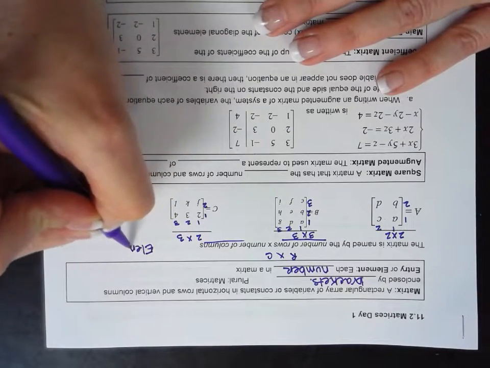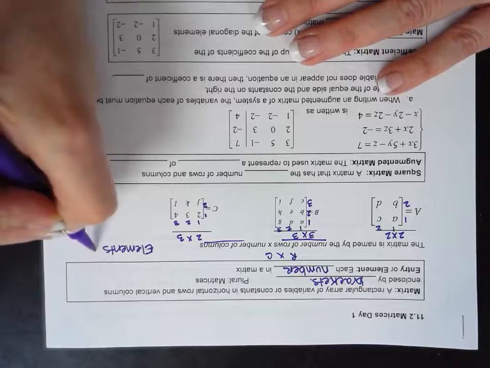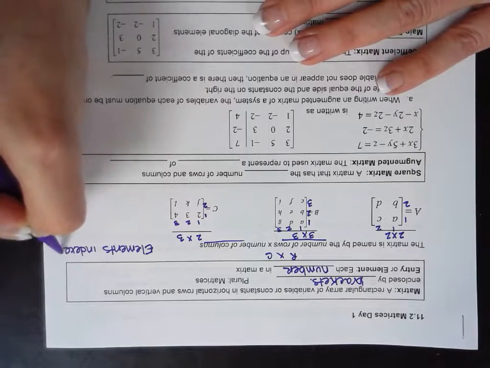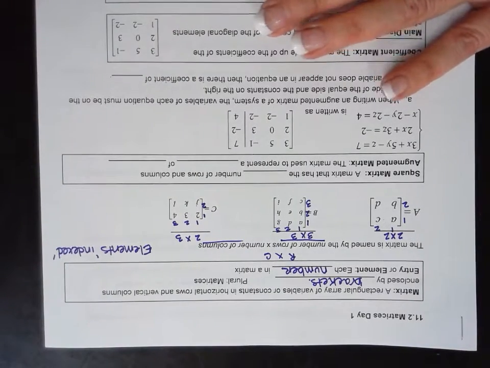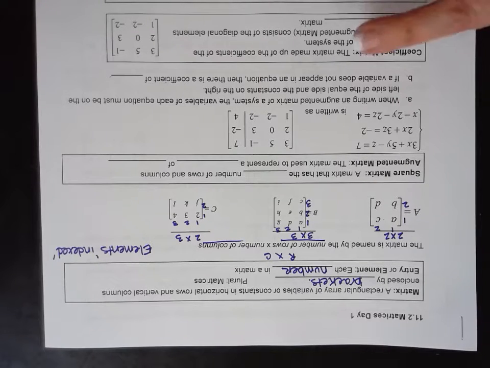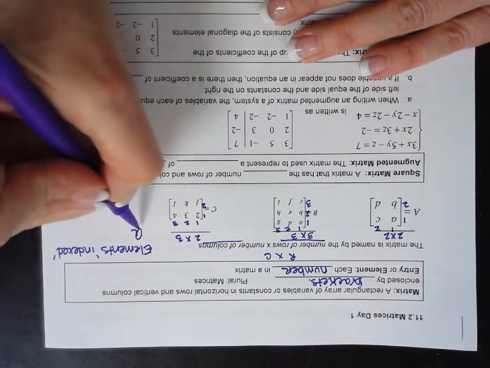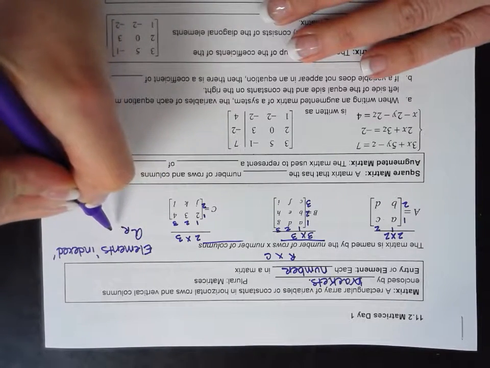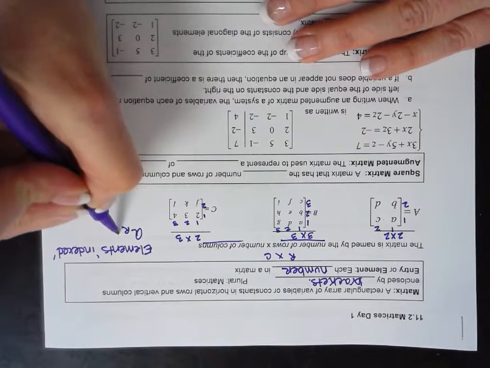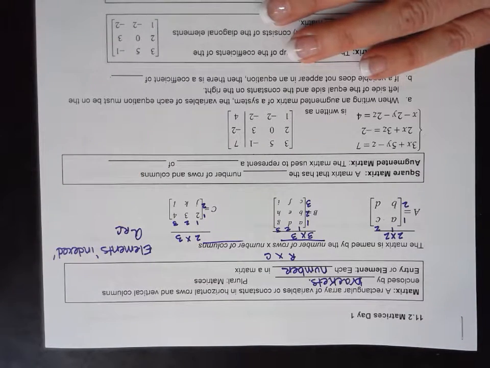And the elements are what's called indexed, which basically means they're numbered based on your row and column. The first number is what row it is, and the second number is what column it's in.